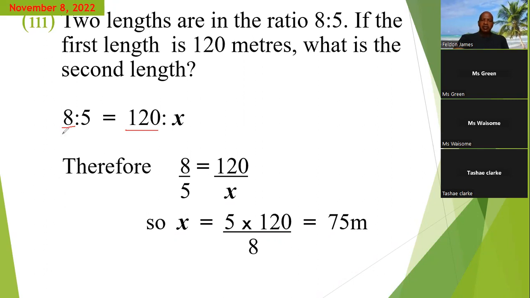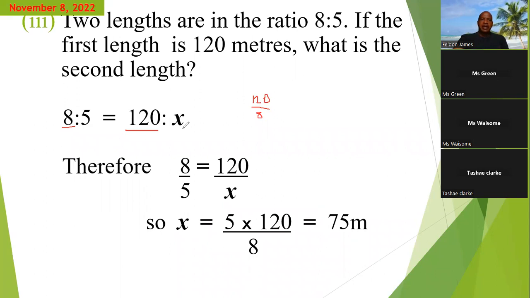So normally what we would do, we would take the first ratio on the left and divide the first ratio on the right. So that would give us 120 divided by 8.